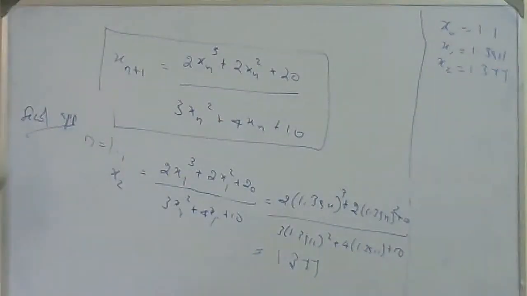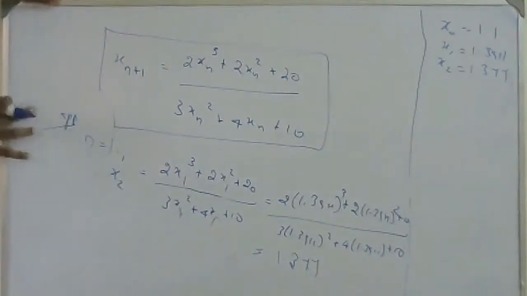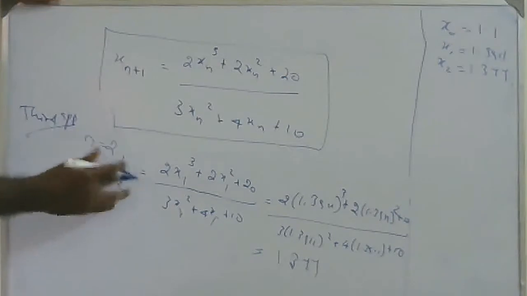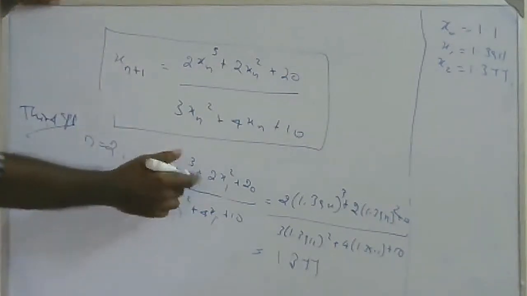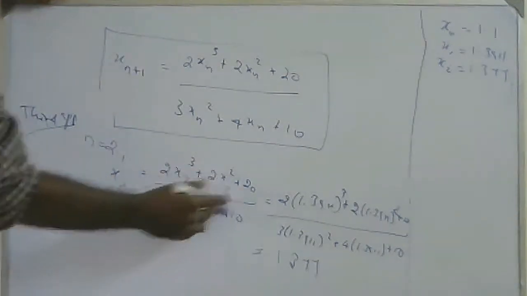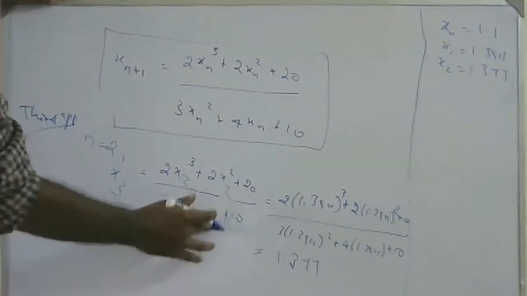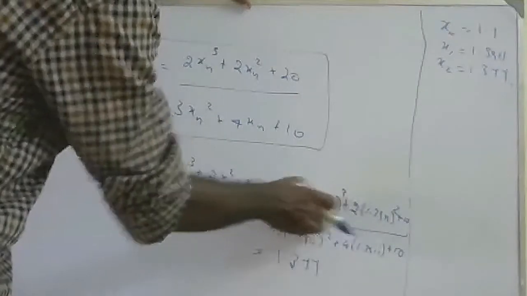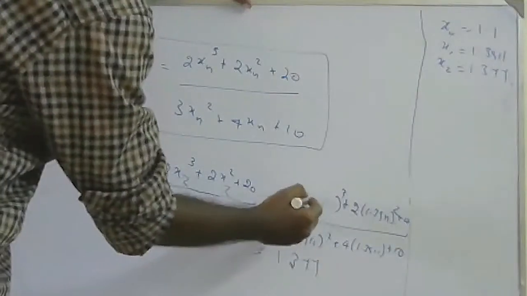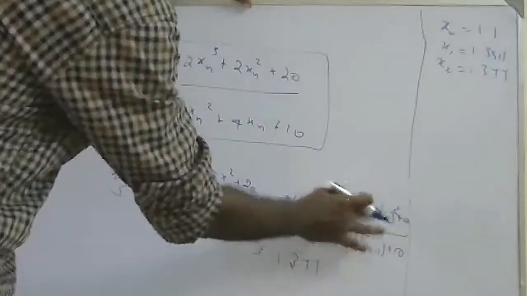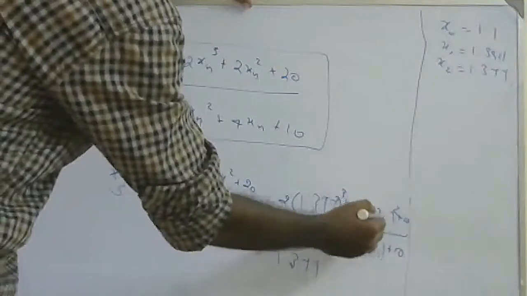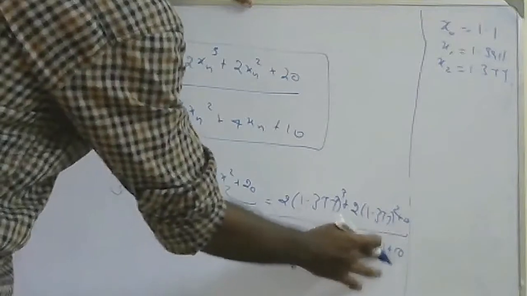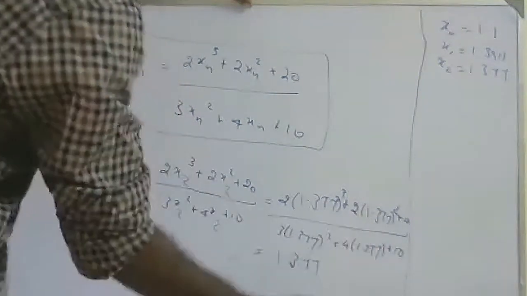Okay, fine. Similarly, third approximation, n equal to 2, so x3 equal to. I have to substitute 1.377 here. Find the answer for this.